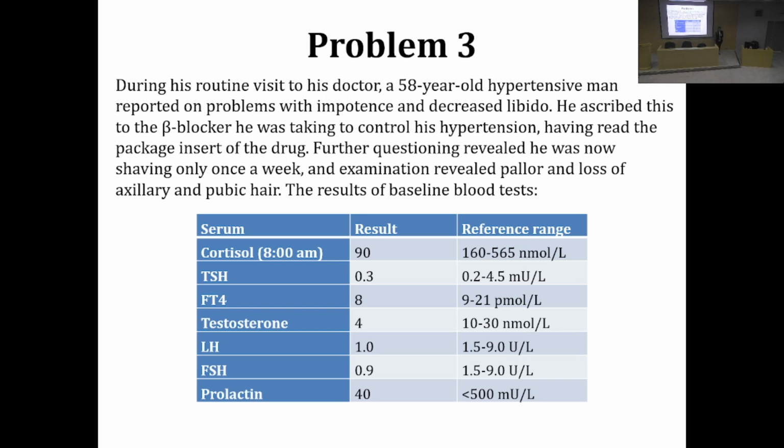What do you think this patient has? Is it one axis or multiple axes affected? If multiple axes, remember, where is the common thing? It's the pituitary, most likely pan-hypopituitarism, some form of pan-hypopituitarism, right? And all these things, shaving once a week.